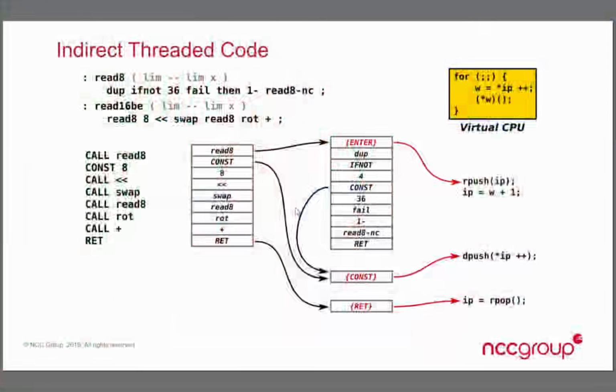So here is the worst schema you'll see today. And everything is in there. First, I have the two functions which I just showed, read8 and read16b, and I'm concentrating on the second one. On the left, I've represented what it does.